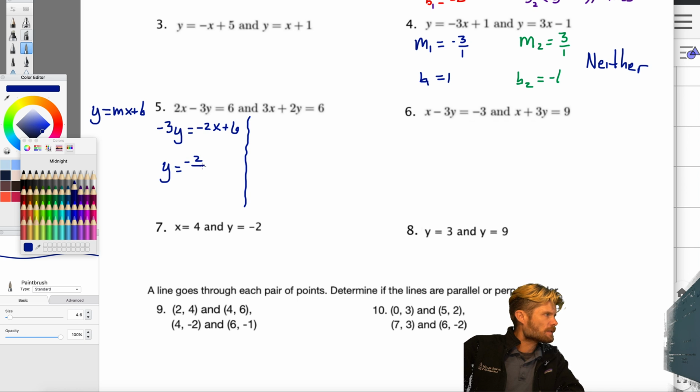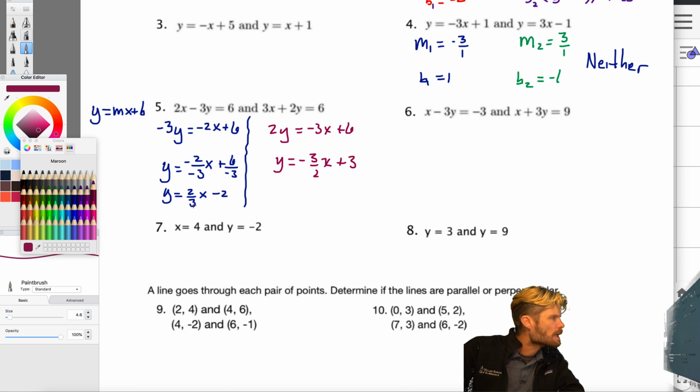So it's going to be -2 over -3x plus 6 over -3. So this is going to be 2/3 x minus 2. And then this one, we're going to subtract 3x, y equals -3x plus 6. Going to divide by 2. -3 halves x plus 3.